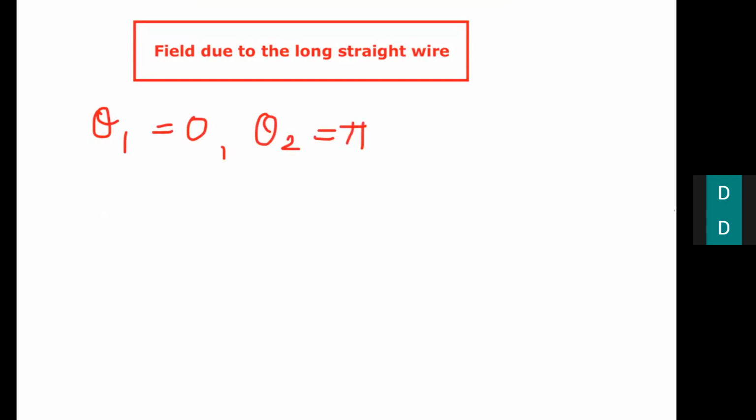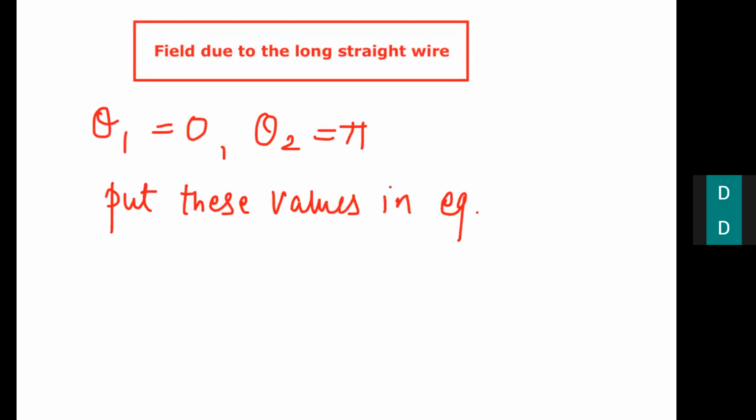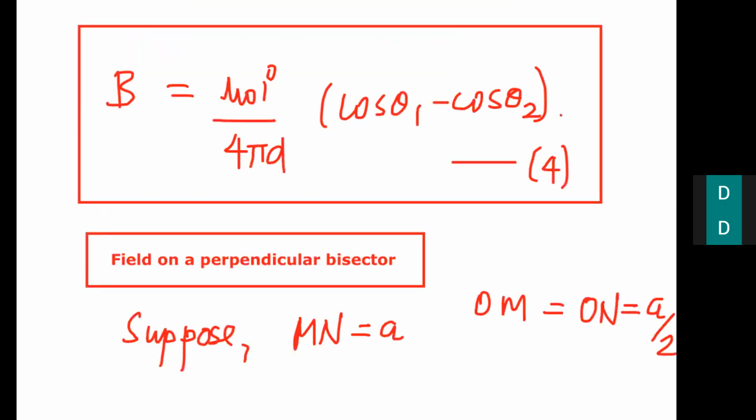So if I put these values in an equation, which equation should I put them in? This is the general equation, so I'll be putting these values in this general equation.